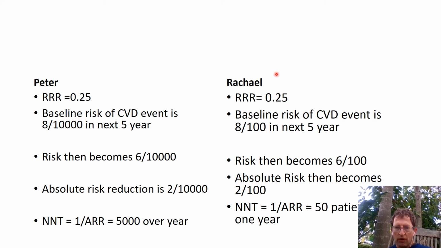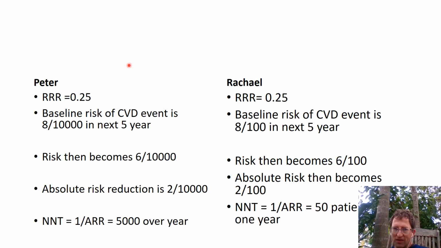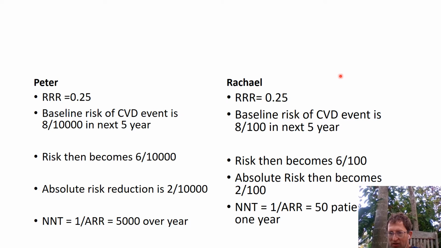Now, in studies where they already give you the absolute risk reduction, well, it's easy just to convert it over to the number needed to treat, but you do have to ask yourself, what was the baseline risk in your patient of having the event, and see how well it compares with those in the study. Now you can see here, just to show the importance of baseline risk, here's Rachel.